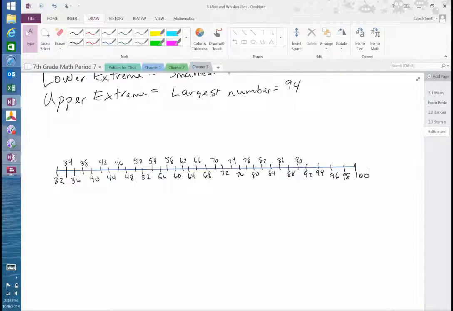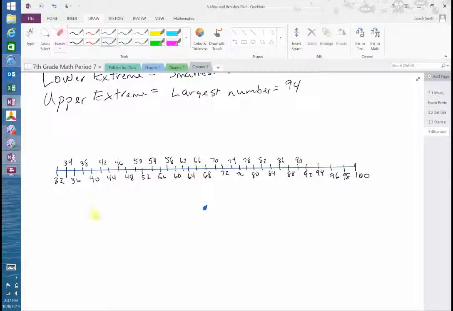So now the next part is simply plot the information that I have. What was my median? Brandon, what was my median? 68. So I'm going to put a dot right here, right where 68 is. Okay? What was my lower quartile? Tayshawn. 41.